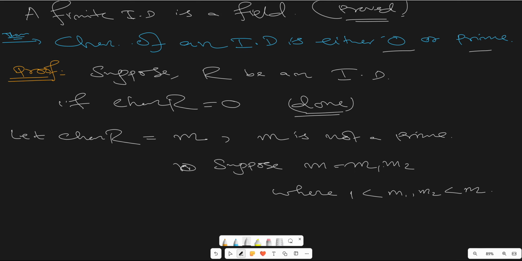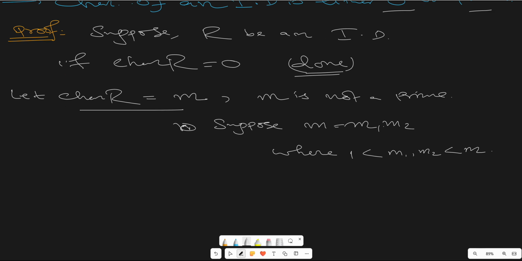Where m1 and m2 are in this interval, of course. So since the characteristic of the ring is m, this will imply that m a equals 0 for every a inside the integral domain R.